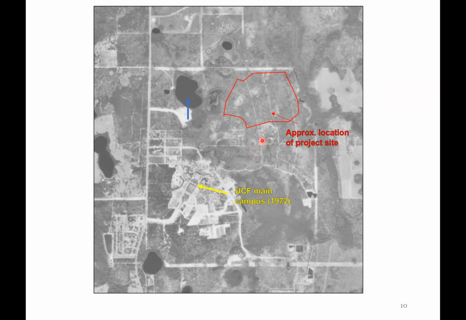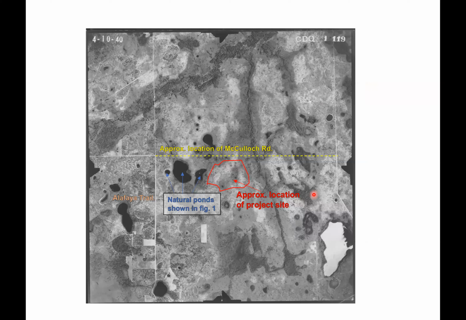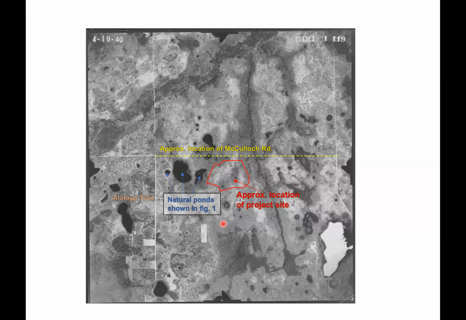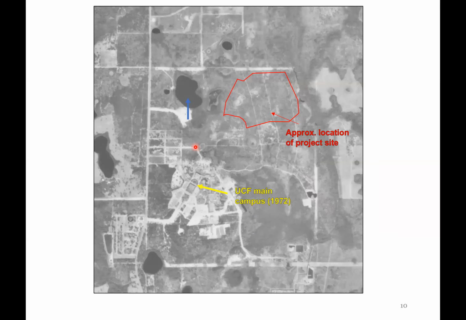So this little pond right here, it looks like that's this pond right here. And if we look back at the other one, that's this cypress pond right here too. So this one's left pretty untouched, and that's probably why the road bends that way around it. But some of the other ones may have been covered up. Like right here, this might be the one in front of the student union, or that the student union is built on.